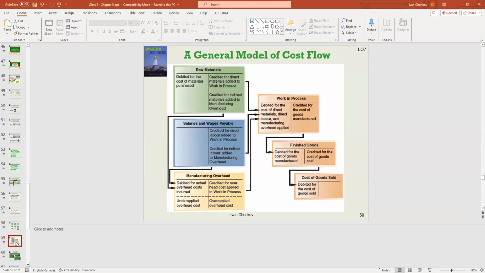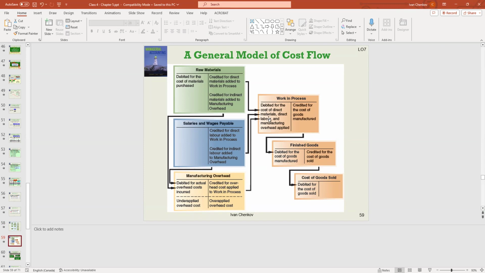The other chart is the general cost flow: how the costs flow from which account to where they're going. First, raw materials. From raw materials, we take the direct material. We also take indirect material, and we put it in the manufacturing overhead. From wages payable, we get the direct labor. Also, we get the indirect labor, and we apply it to the manufacturing overhead account.